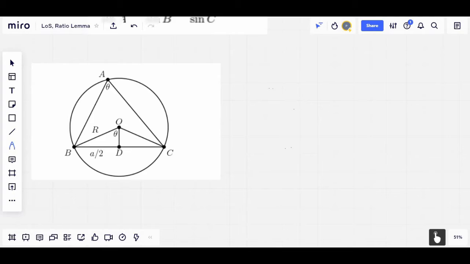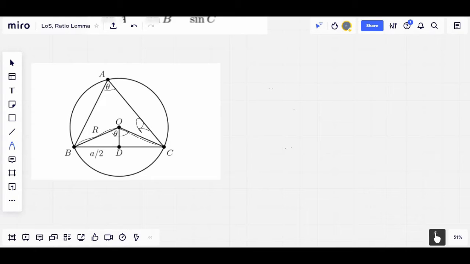Alright, so if we have angle theta here, in the previous example I called it A, let's just call it theta, because normally when you have one angle it's just customary to call it that. Then we have that from the inscribed angle theorem, angle BOC is 2 times theta. And note that BOC is actually an isosceles triangle because both BO and OC are R. R is the radius of the circumcircle of ABC.